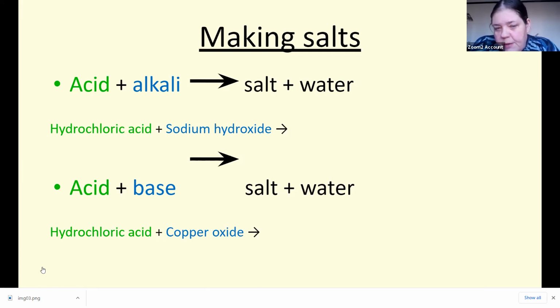So that makes our table salt and water. I would never recommend eating one that you've made in a lab, by the way. So a salt is purely going to be a metal joined with the chloride bits. I would say it is a neutral compound, so it contains neither hydrogen nor hydroxide. So it's a neutral compound that's made in a reaction.